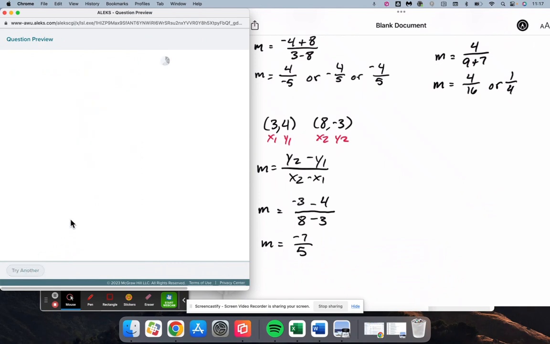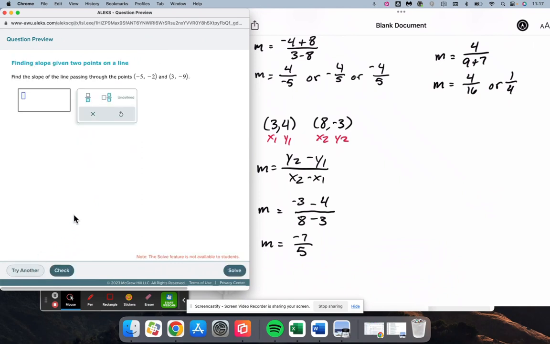And we'll do one more. So we have our formula. M is equal to y2 minus y1 over x2 minus x1. Our first point is negative 5, negative 2. Our second point is 3, negative 9. And so we've got x1, y1, x2, y2.